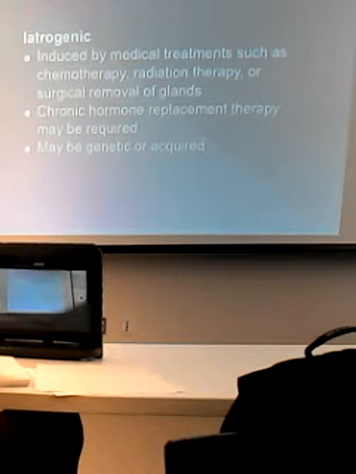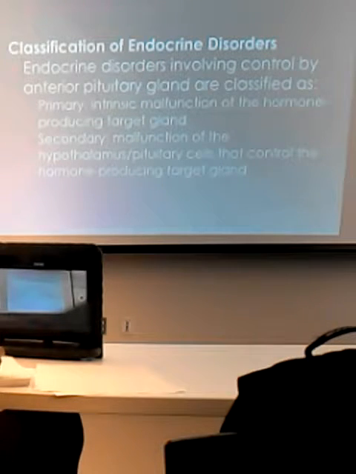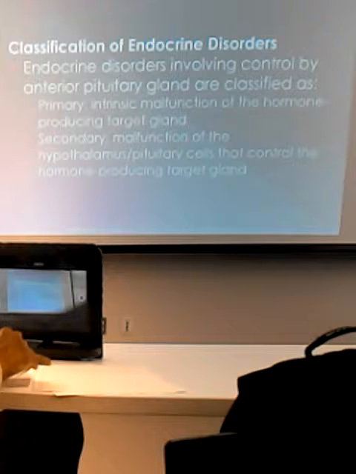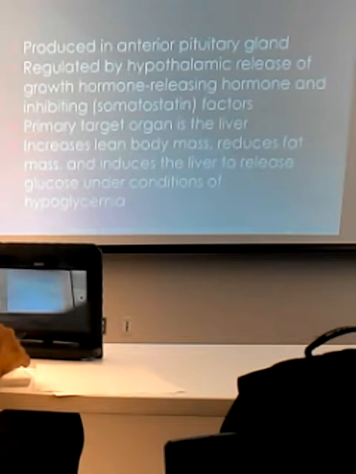But giving them the chemo has all kinds of downsides, right? One of the downsides of chemo and radiation therapy and other things is it harms the endocrine system. I already talked to you guys last week. I'm not going to go over it. Primary, secondary, tertiary.